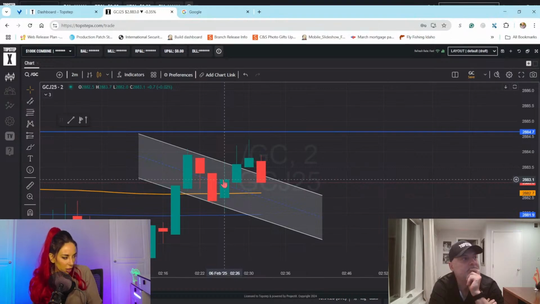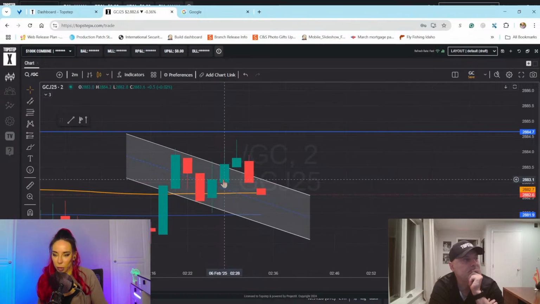So let's see. Let's go back to GC, lower time frame as well. If we can get sub 2882, that could be a really good long entry. I don't want to see it go below VWAP. Sometimes at this time of day, they do wag around VWAP a little bit before making a decision, because there's not enough power in it just yet.